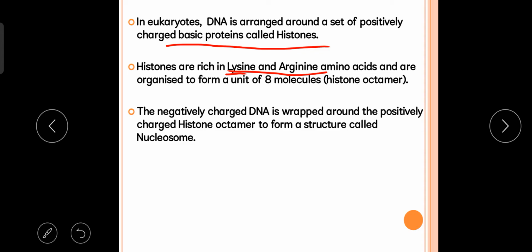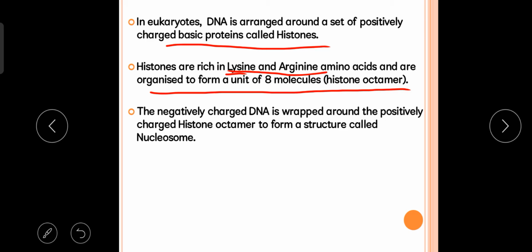Four histone proteins are found in the core, the center part of the nucleosome, and they are found in pairs, which means 8 molecules in total. These are organized to form a unit of 8 molecules known as the histone octamer. Octa means 8.